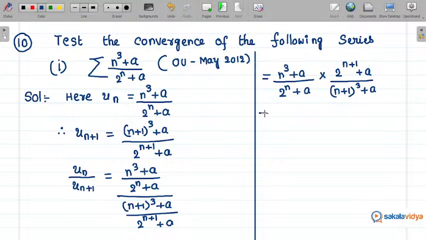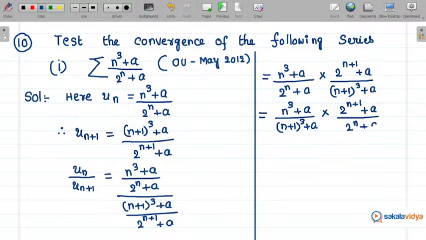Let us write like this first of all. Clear?